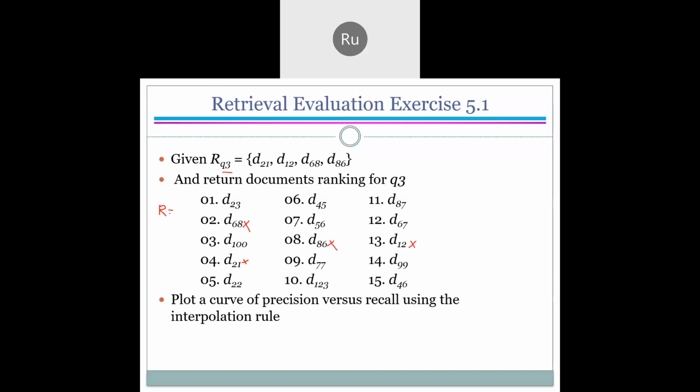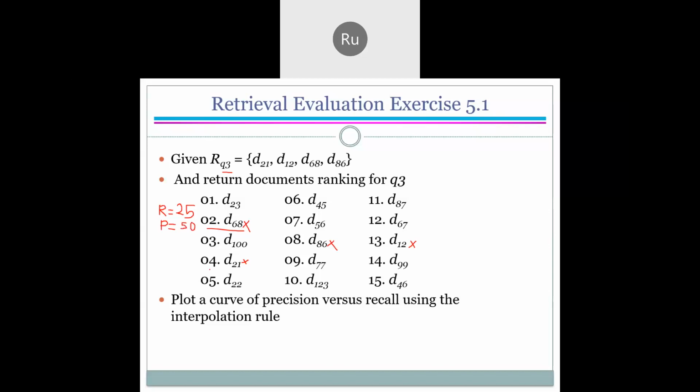What's the recall here? One over 4, which is 25%, right? What is the precision? 50%, right?